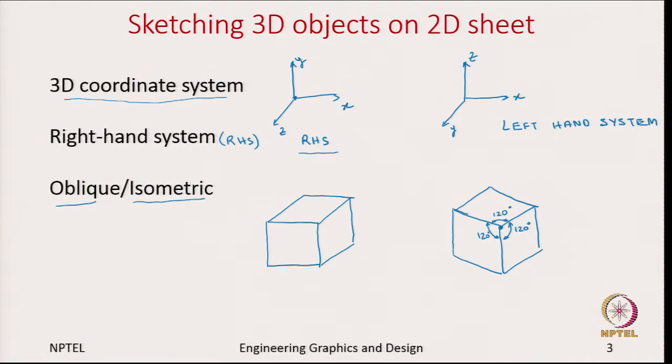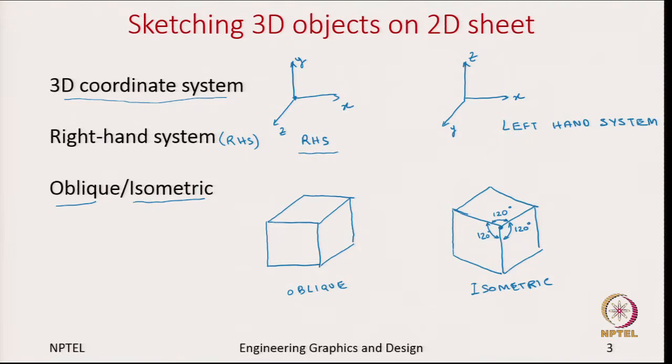Okay. So, either we can use the oblique or the isometric. Usually, especially when we started learning maths and so on, most often we use the oblique system, but in engineering most people prefer the isometric system, because in this system all three axes of the cube will have equal lengths.